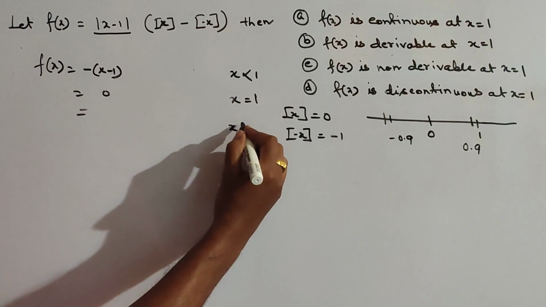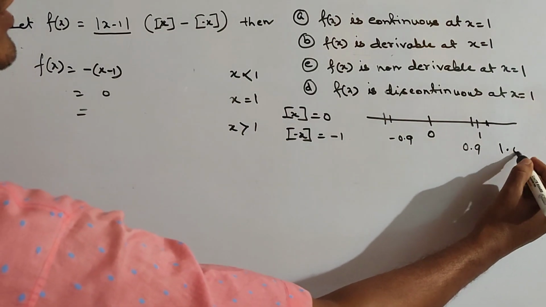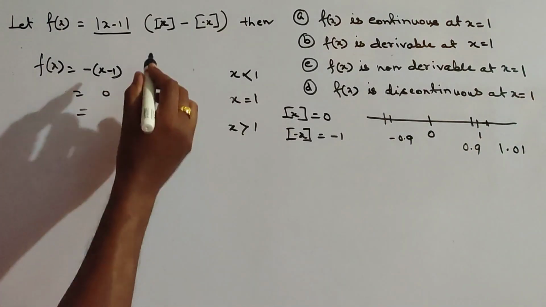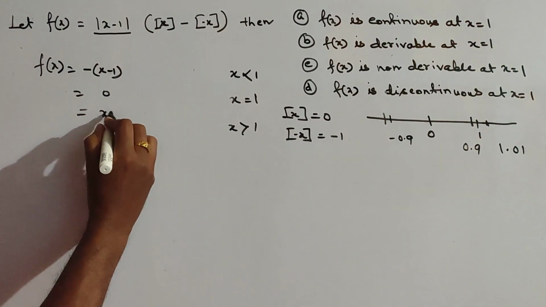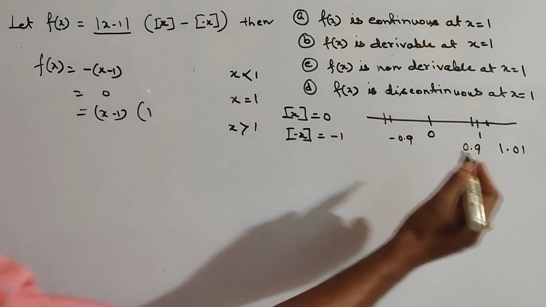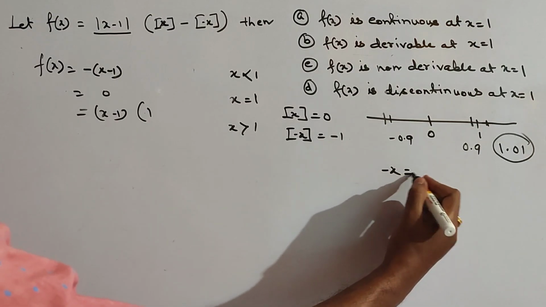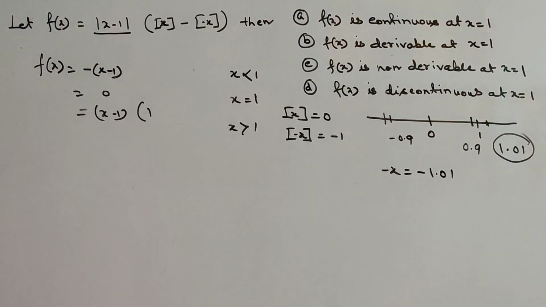And if x greater than 1, that is we take 1.01, then this is positive x minus 1 and box x is 1, and when x is greater than 1, then minus x is equal to minus 1.01.